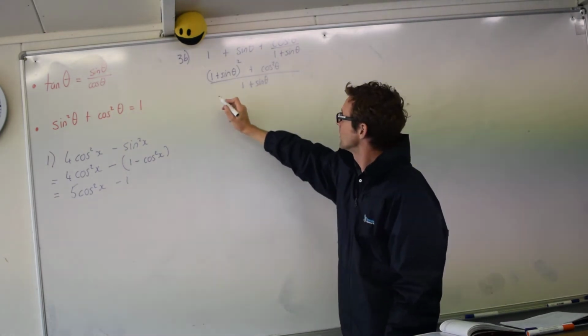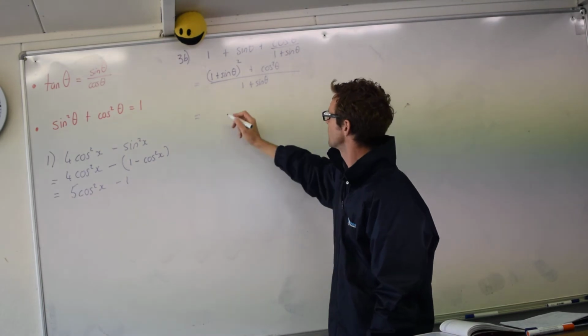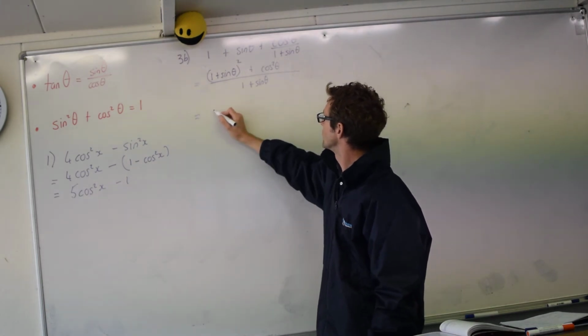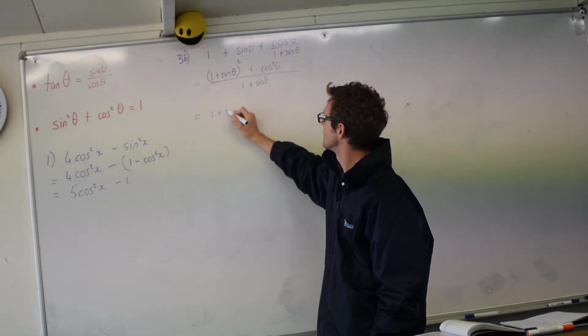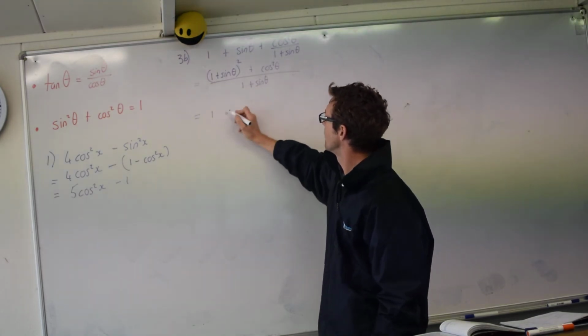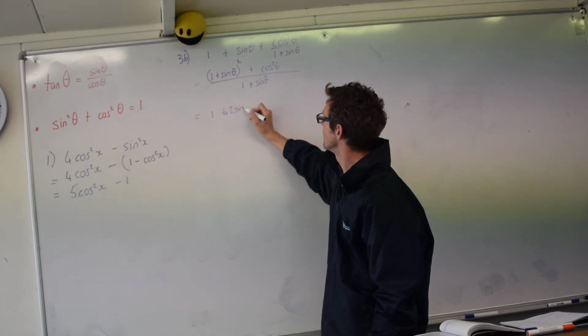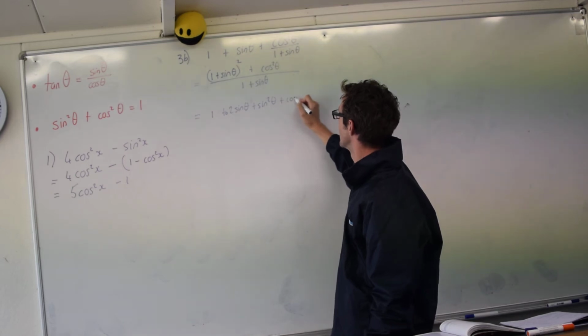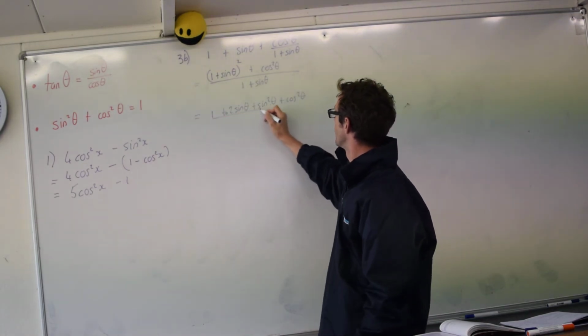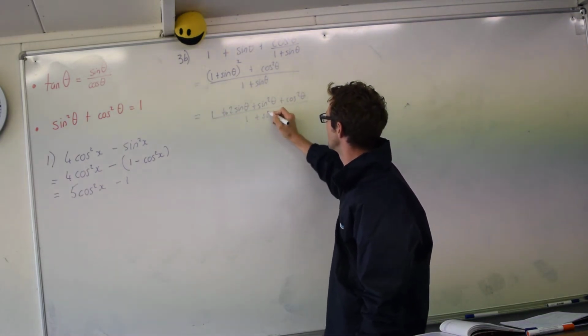Okay, so now I'm going to expand this bracket here. So I might have 1 plus 2 sine theta plus sine squared theta plus cosine squared theta all over 1 plus sine theta.